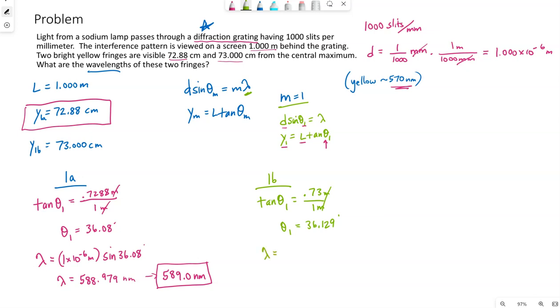We can distinguish that. Sine of this new angle, this wavelength ends up being 589.61. So to 4 sig figs, 589.6 nanometers. So very, very small difference in wavelength.